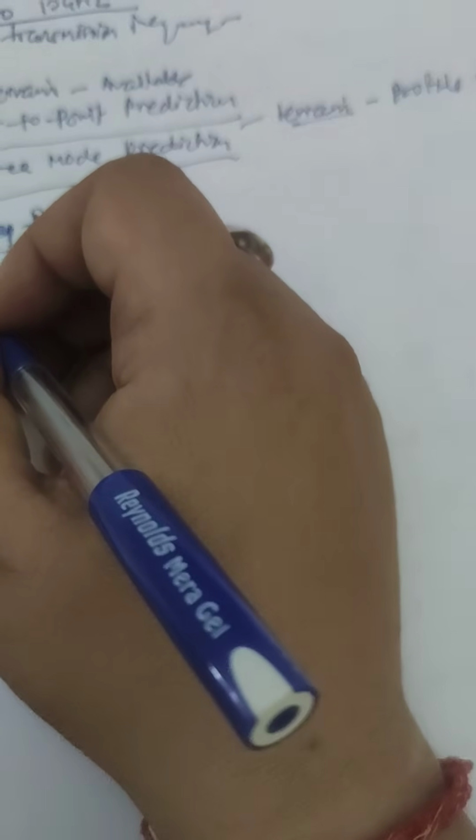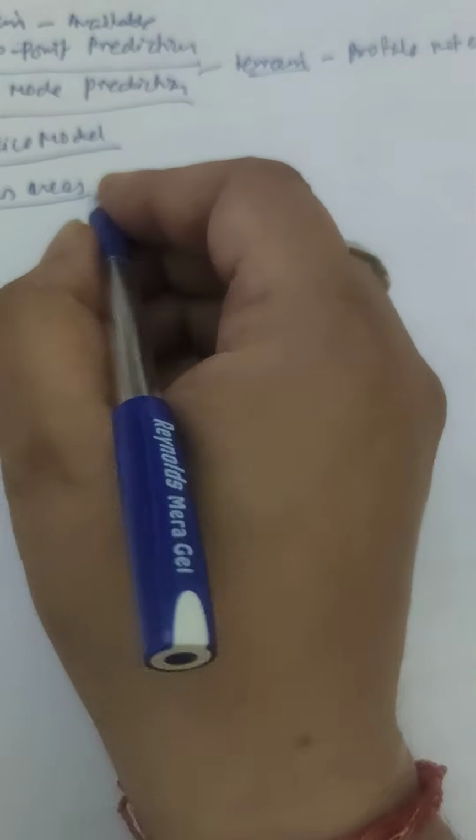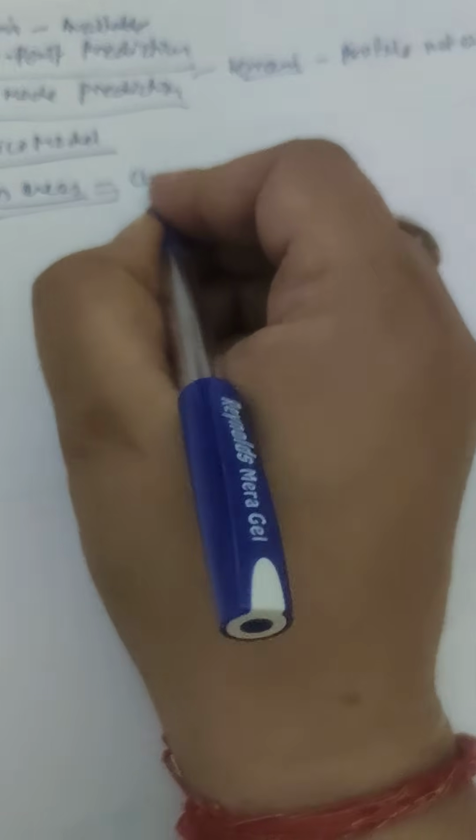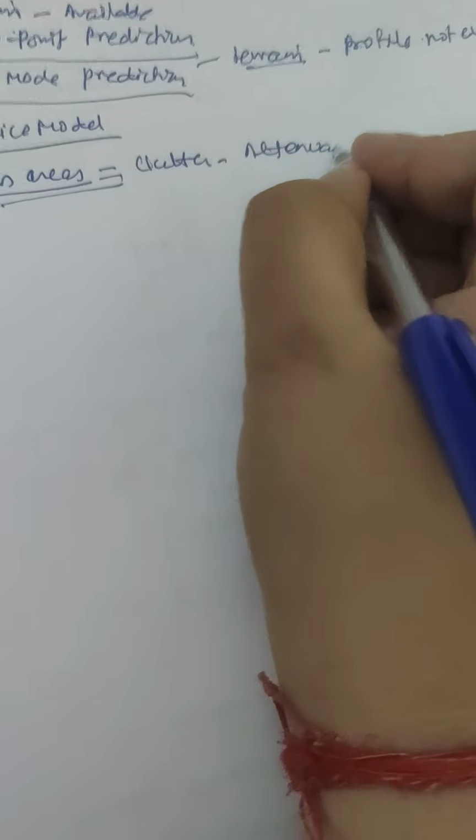This modification introduces an extra term as an allowance for the additional attenuation due to urban clutter near the receiving antenna.